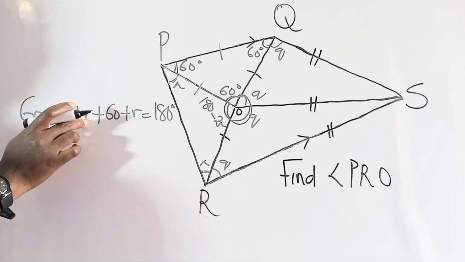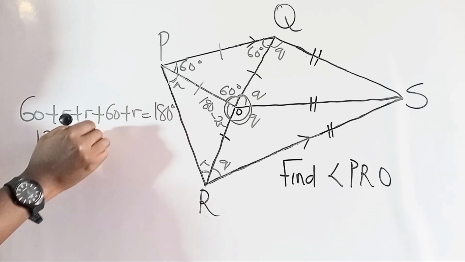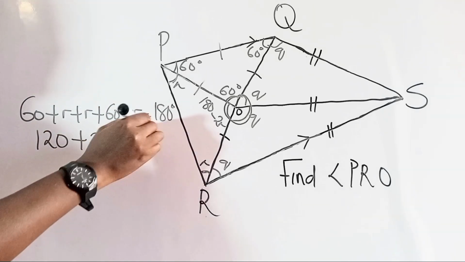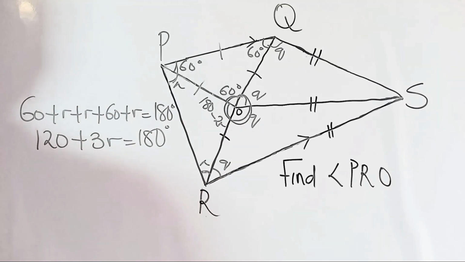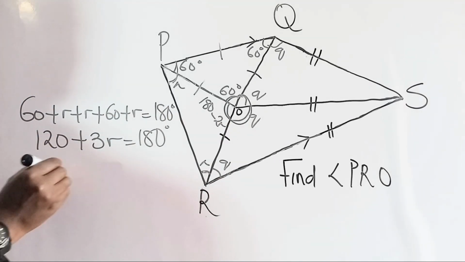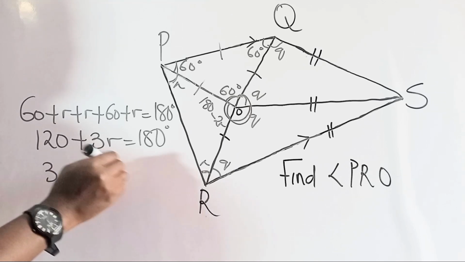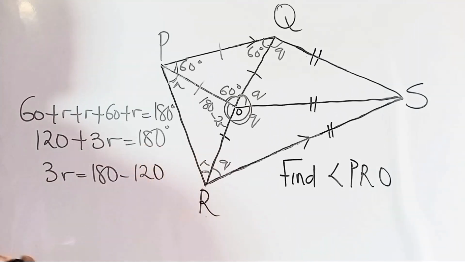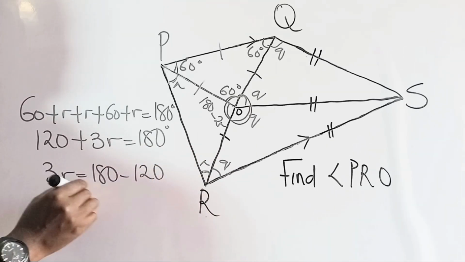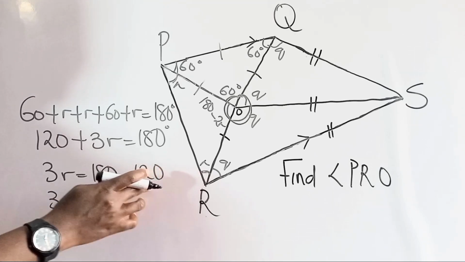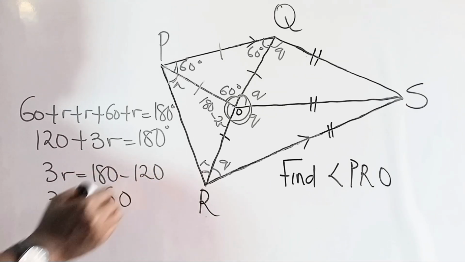R plus R is 2R, so we have 120 plus 2R... equals 180 degrees. Now I'm going to subtract 120 from both sides to give me 2R equals 180 minus 120 degrees. So we have 180 minus 120 will give me 60, right?